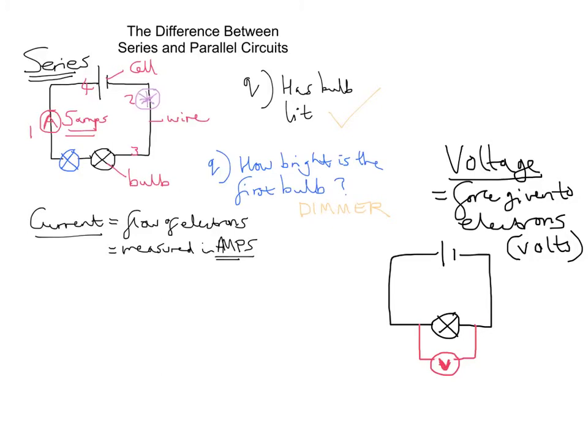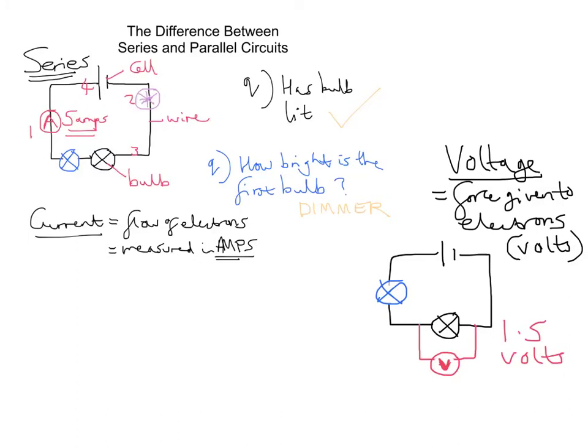Let's say this is 1.5 volts. If we were to put two bulbs into the circuit, so let's clear a bit of room here, and put a second bulb into this circuit. You should notice that the voltage goes down. In fact, it goes down by half, especially if the bulbs are the same type.